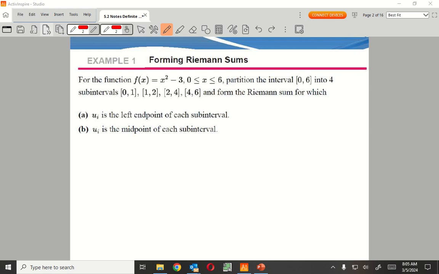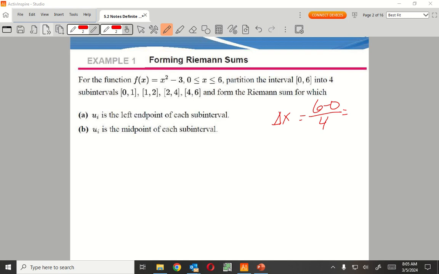If it's equal intervals, you would have to go 6 minus 0 divided by 4, and this is going to give me my delta x, just like we were doing before. But this one is not doing that.